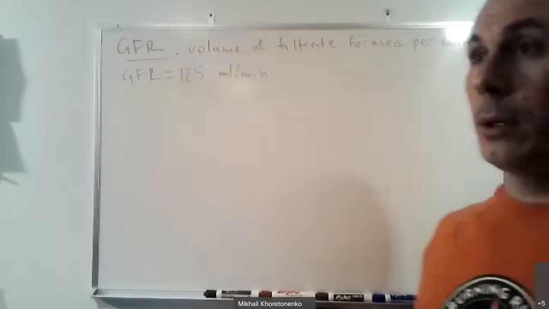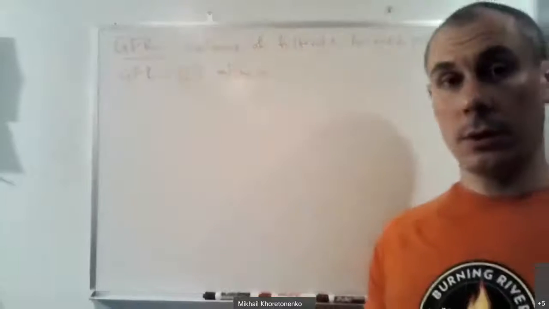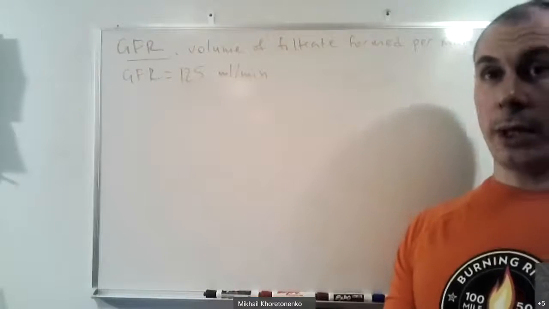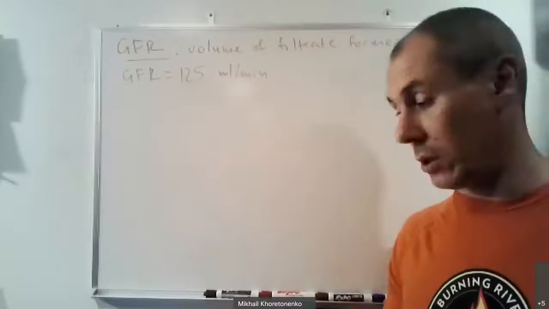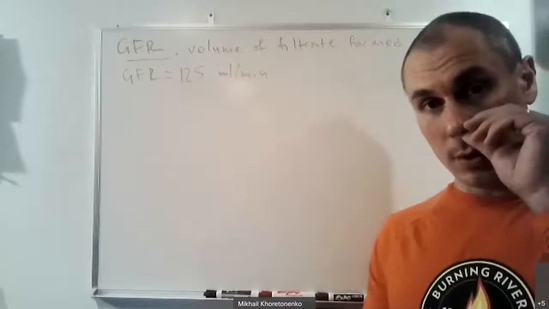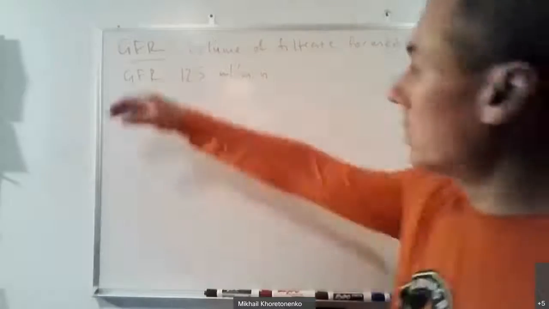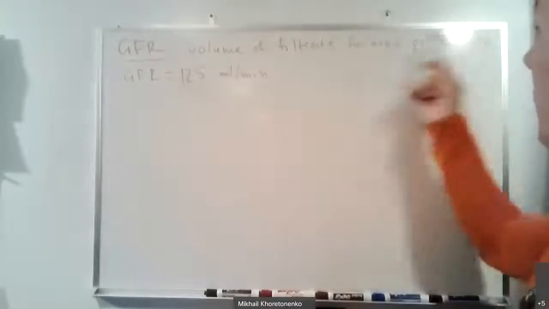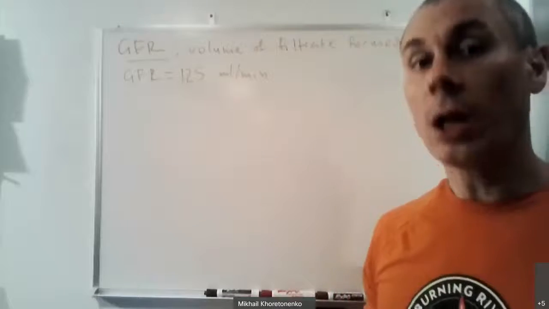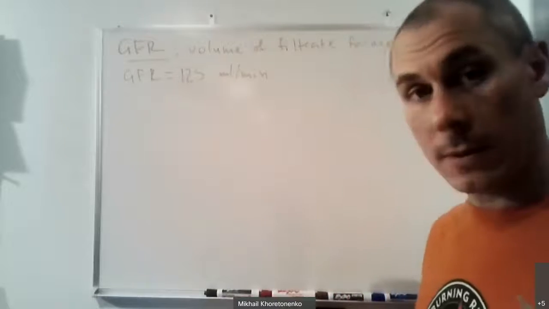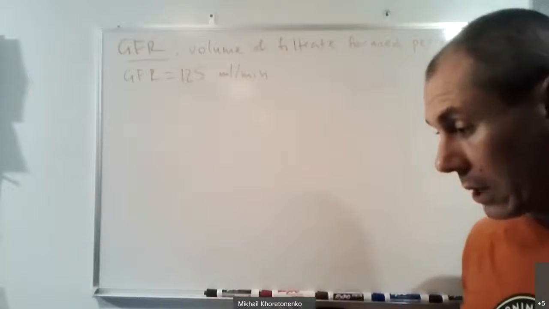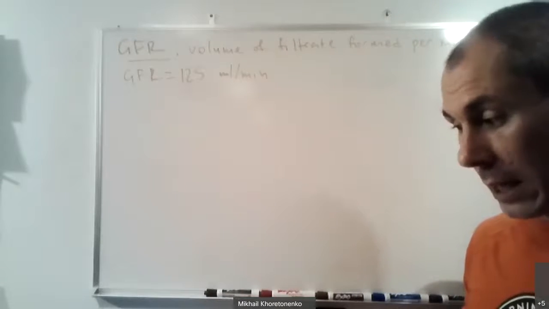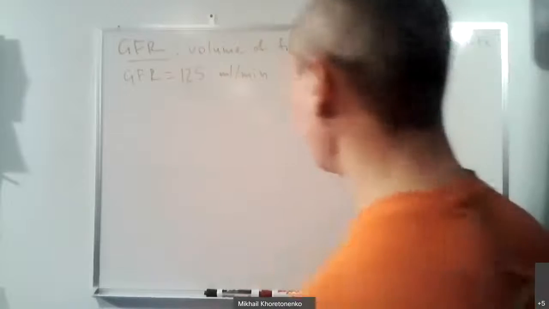If your blood vessels in your glomerulus are obstructed in some way or blood flow to your kidneys is insufficient, the amount of blood that reaches your kidney will start to decline, which means you're going to start producing less and less filtrate, which means every minute you filter less. Does that make sense? It's important. Do you understand? You got it? Okay, awesome.